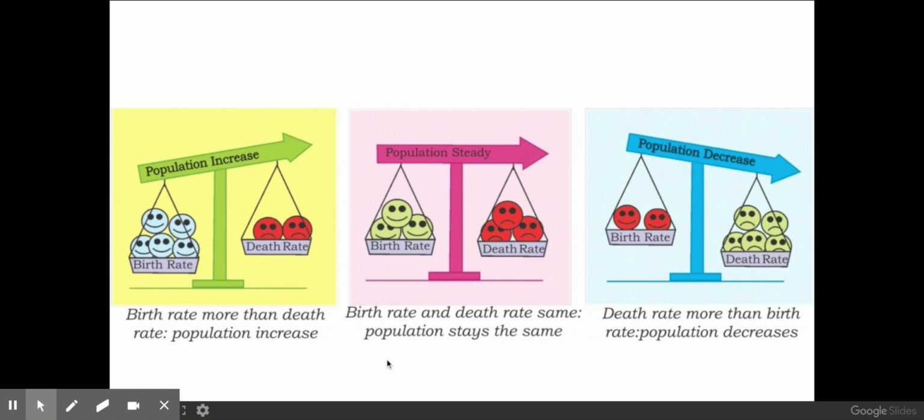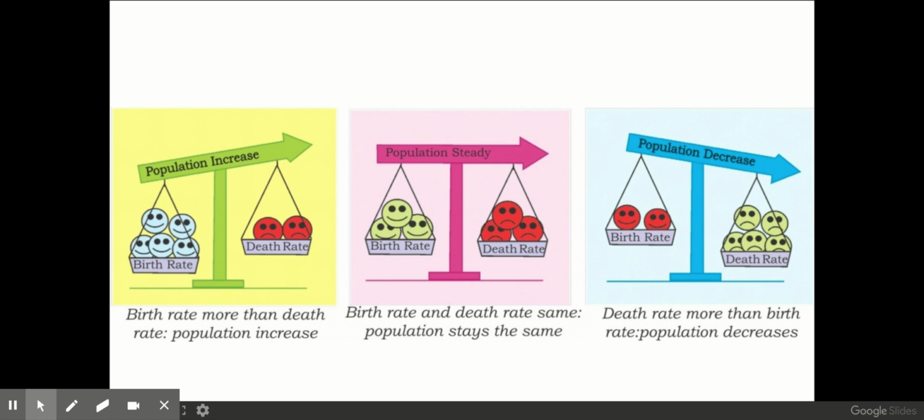Population is steady when birth rate and death rate are the same. So population stays the same when they are equal. And then we see a population decrease when death rate is more than the birth rate. So the death rate outweighs birth rate, and that's when we see a decrease. And that is, in a nutshell, what the demographic transition model shows us.